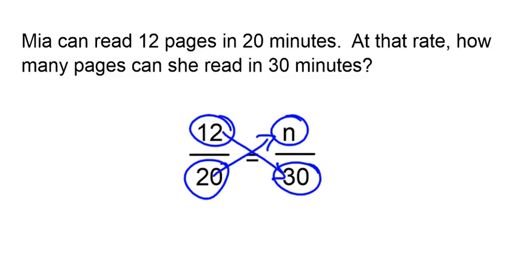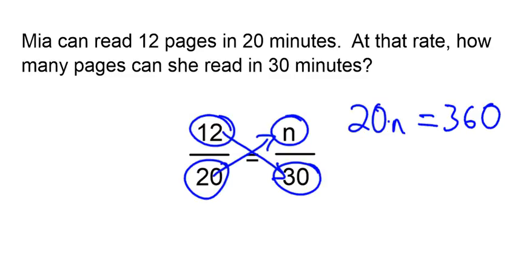So 20 times n gives me 20n, and that is going to be equal to 12 times 30, which gives an answer of 360. Now that we've cross-multiplied, we have a new problem: 20 times n equals 360.